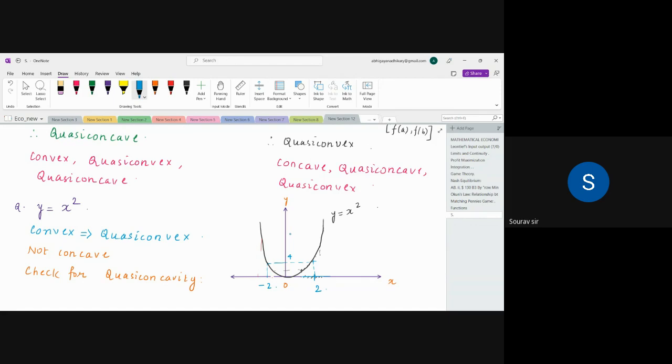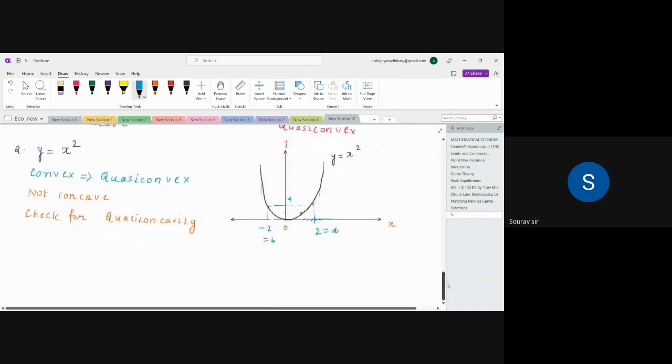Let's say this 2 is my point A and minus 2 is my point B. So A is 2, B is minus 2. So function of A equals function of B, which equals 4. Correct? So for quasi-concavity, we want to find the minimum of f(A), f(B), which is the minimum of 4, 4. It is simply 4.